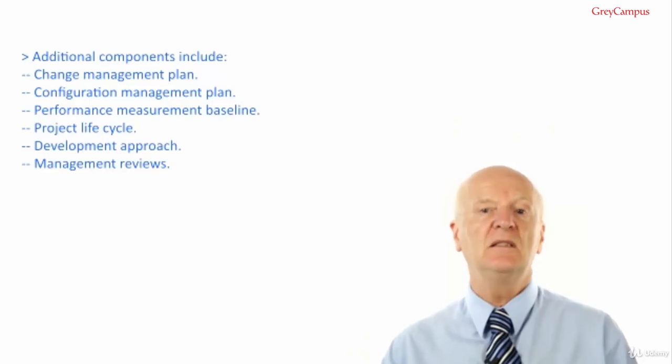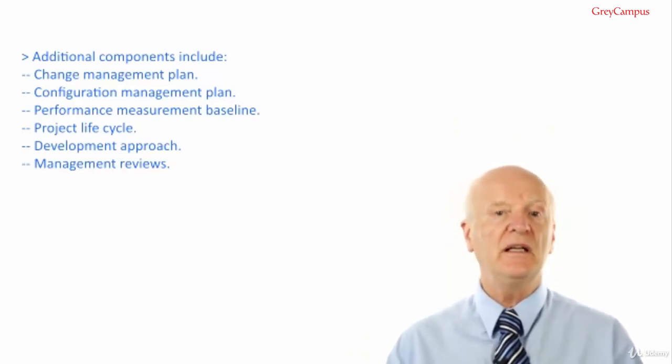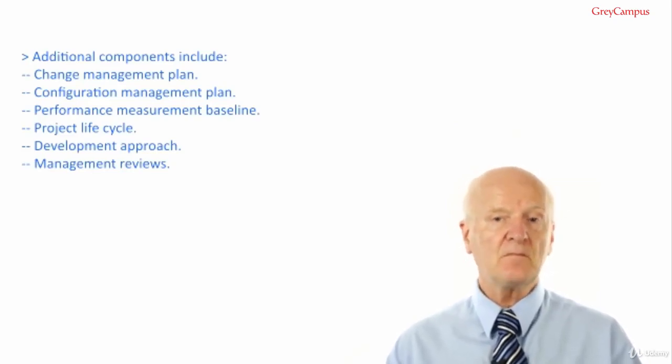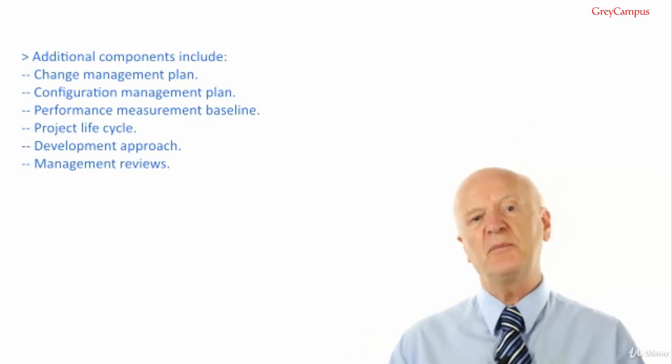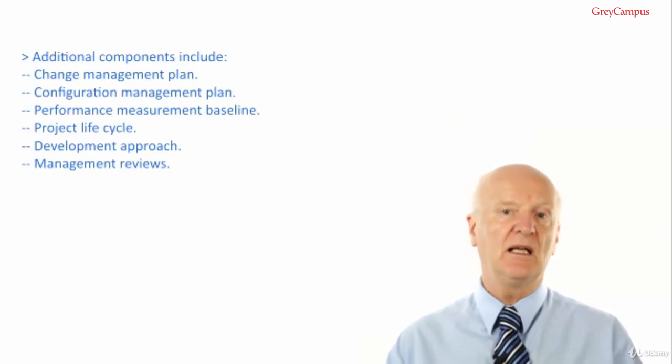The project life cycle. The life cycle chosen is dependent upon the organization and the area of the project work. Development approach, for example, predictive, iterative, agile or a hybrid method.